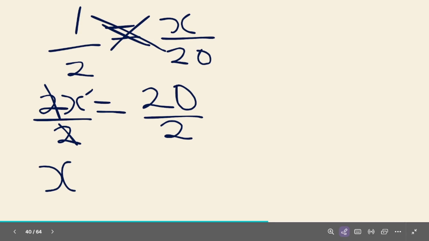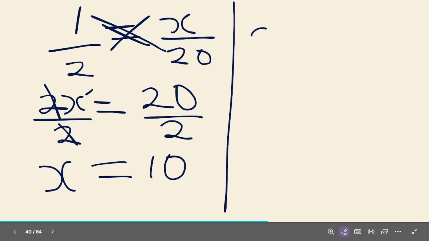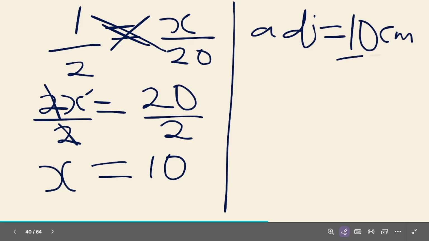You'll be left with x is equal to 20 divided by 2, which is going to give you 10. So automatically your adjacent in this case is what? 10 centimeters. So whether you use it as fraction or as decimal, you get the same value.